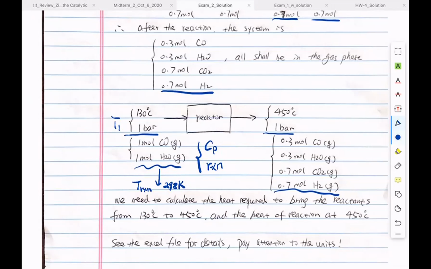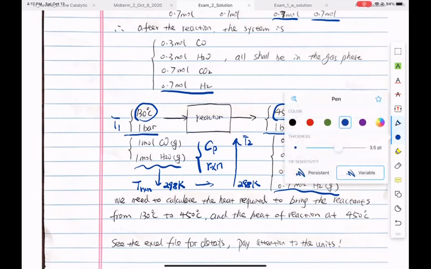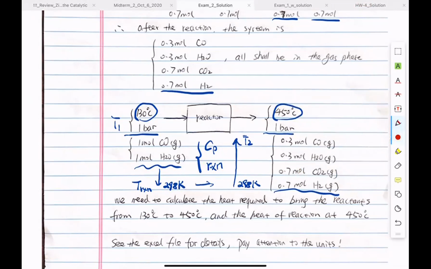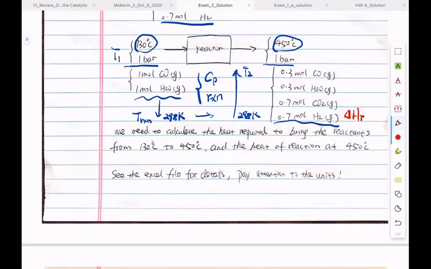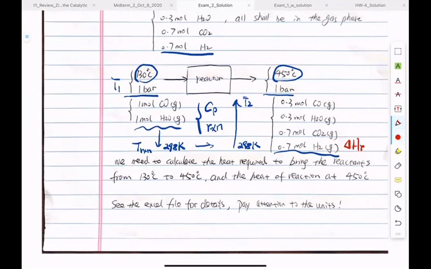And then after the reaction, we are going to have the products, and we bring them back from 298 Kelvin to T2, 450 degrees C. And then, of course, for the reaction, we use the standard state. We are able to have this heat of reaction calculation. This is one way.